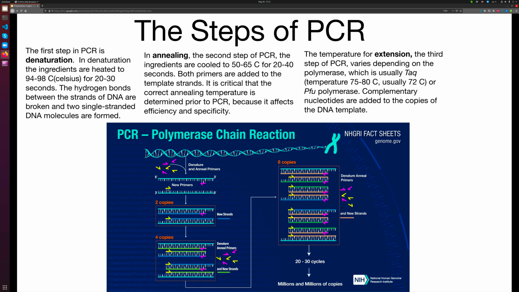One of them is used very commonly, but the other ones are used in certain cases where it's very important to have high accuracy or efficiency or other items that are missing from the polymerase that we commonly use. The polymerase that we commonly use is Taq polymerase, and its temperature is 75 to 80 Celsius, usually 72 Celsius in extension.